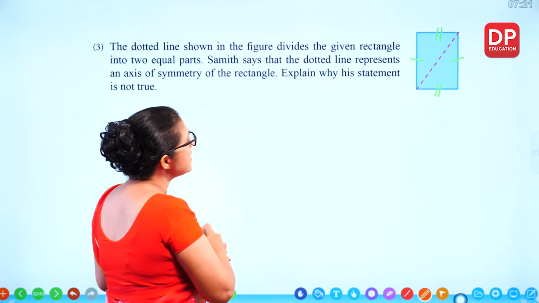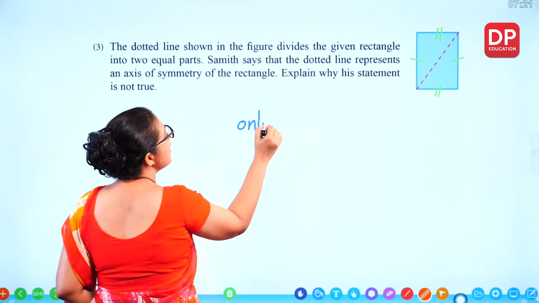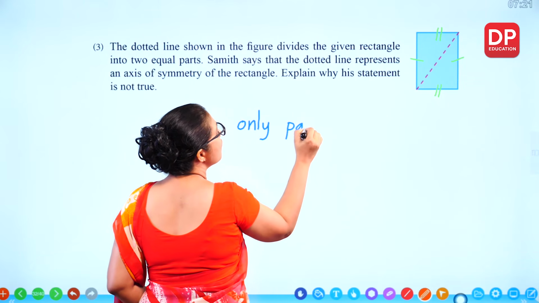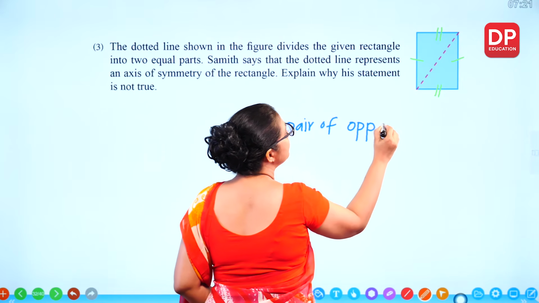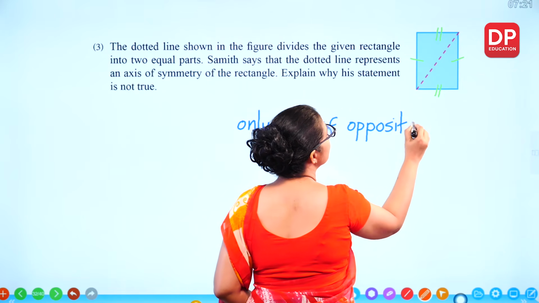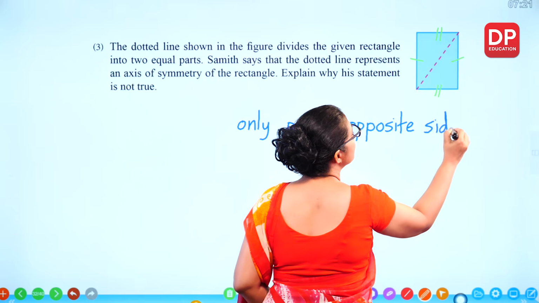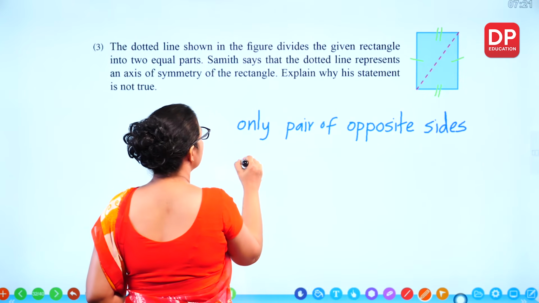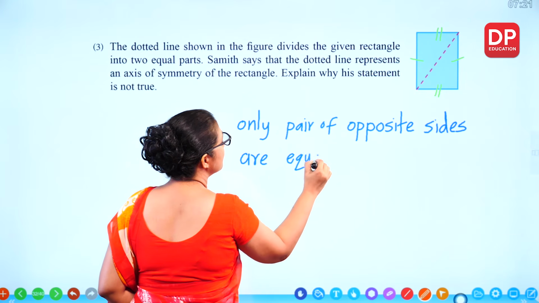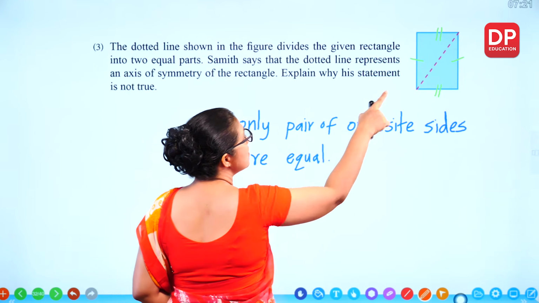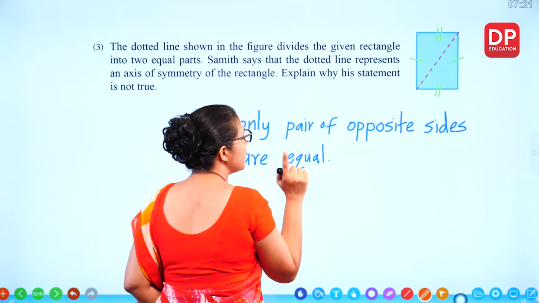So you can write only a pair of opposite sides are equal, adjacent sides are not equal.